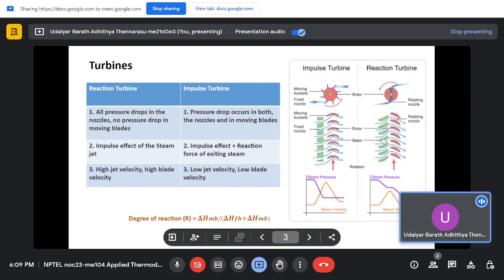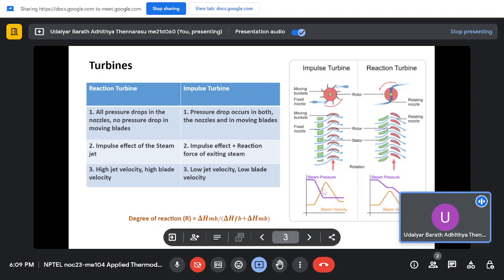In the impulse turbine, it's only because of the velocity, the change in direction of the velocity is causing force. But in the reaction turbine, both velocity and pressure generate a force. So hence the name reaction. There is a reaction force because of the pressure. So impulse effect plus reaction force in the exiting steam is for the reaction turbine.